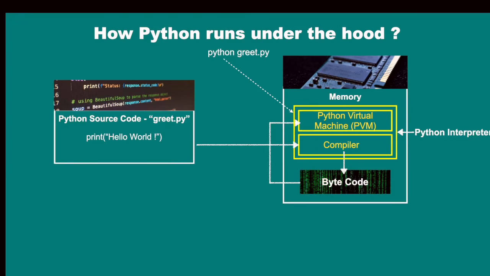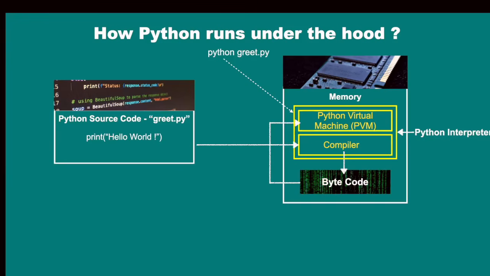I believe now it is also making sense to you why Python source code is platform independent, which means once you write source code in Python, you can execute it on different systems, as it's not executed by any processor, but rather executed by the Python virtual machine. So at a high level, you now understand how Python works under the hood, right?